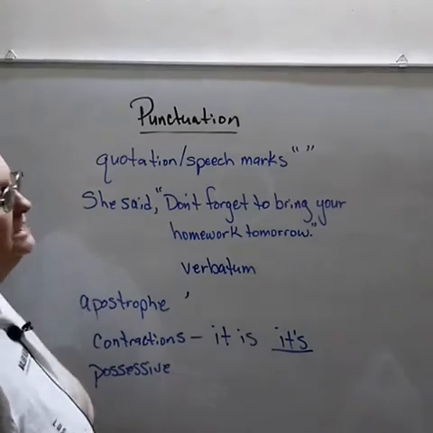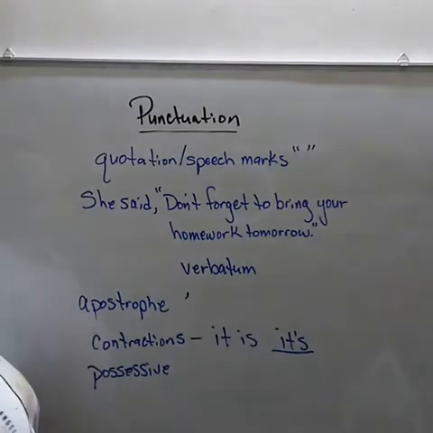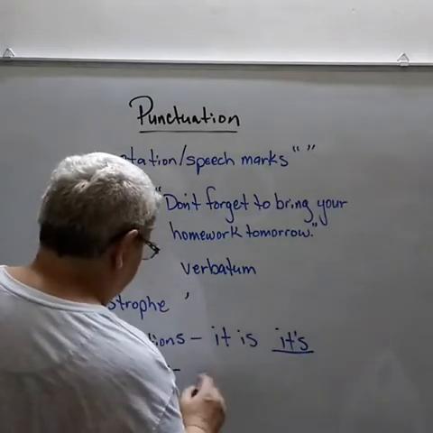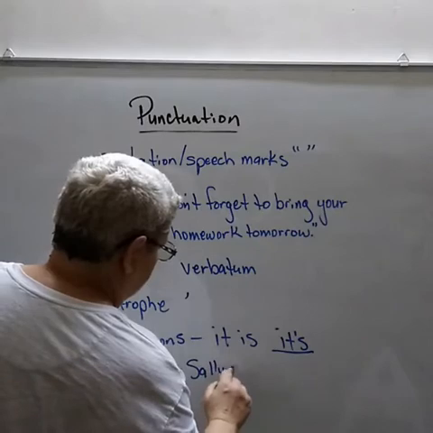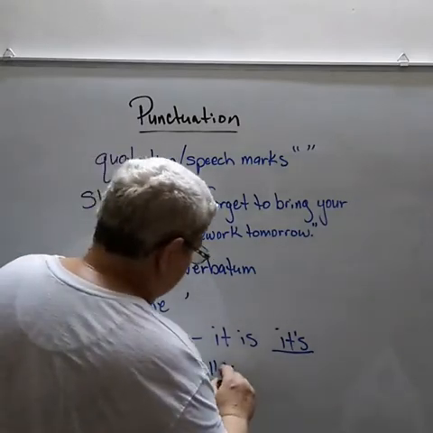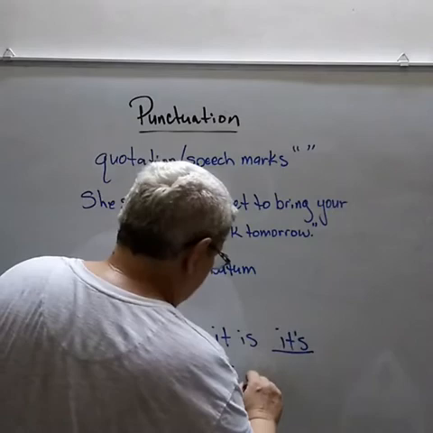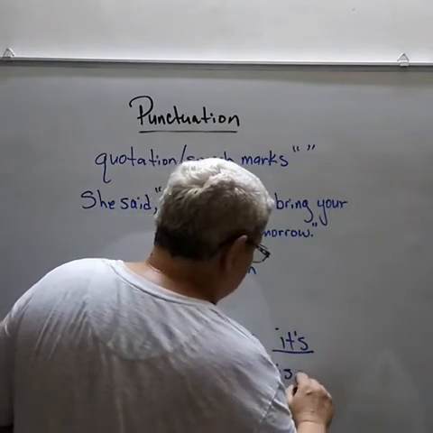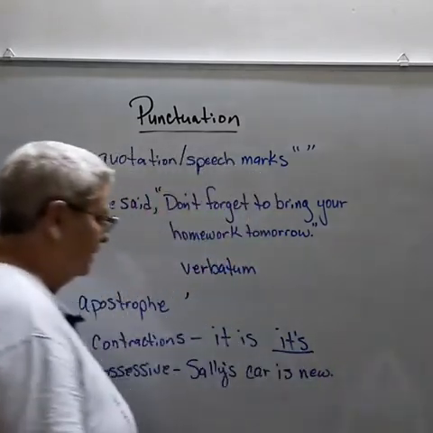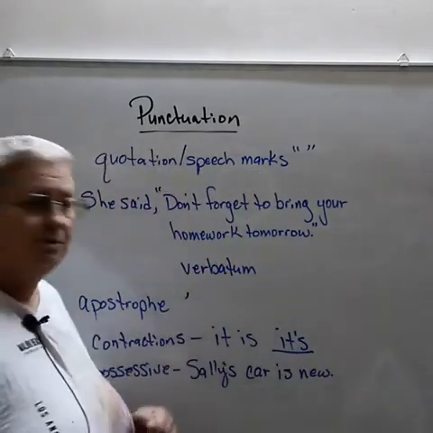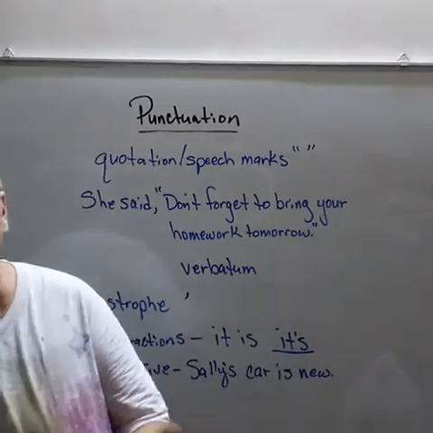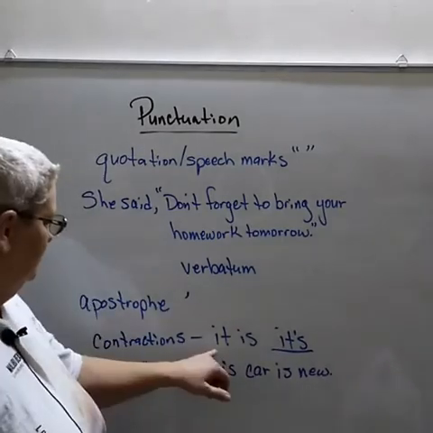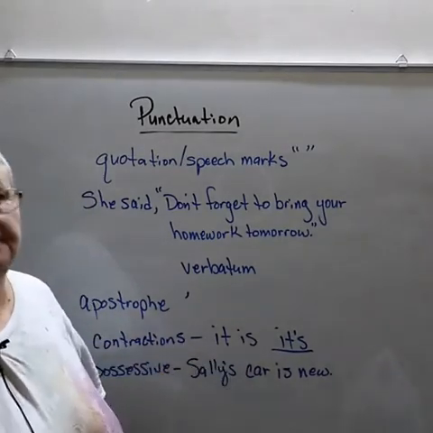Now, possessive could be, for instance, let's say I wanted to say, Sally's car is new. Okay? And because we put the apostrophe here, it's saying that it's possessive because we're talking about Sally's car. Okay? And we would put an apostrophe and then the S.